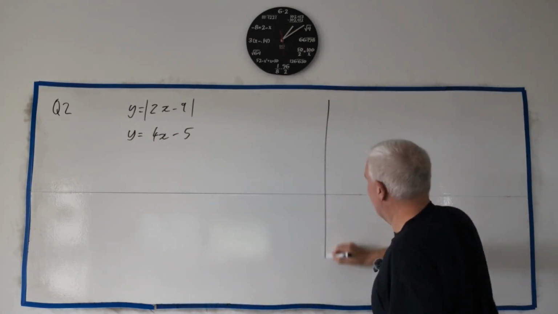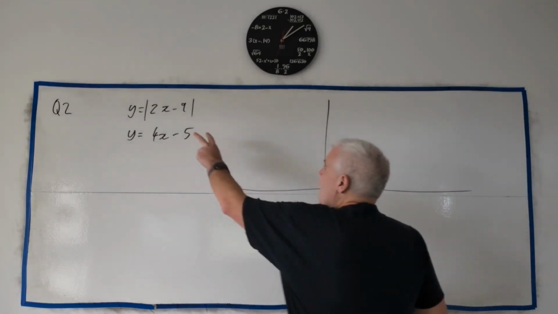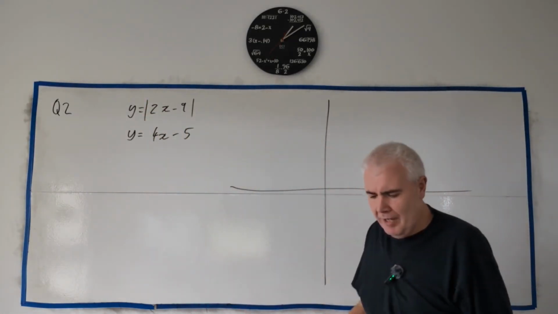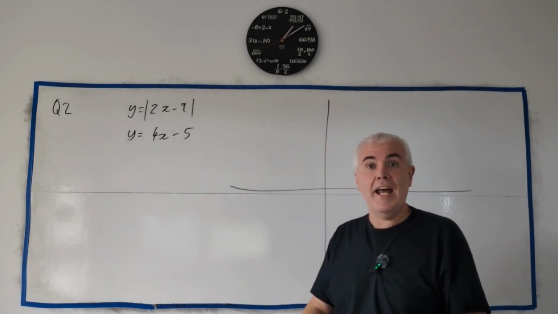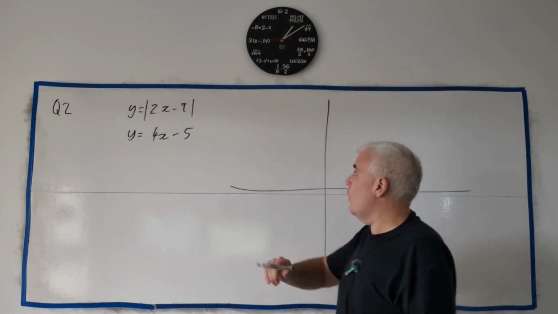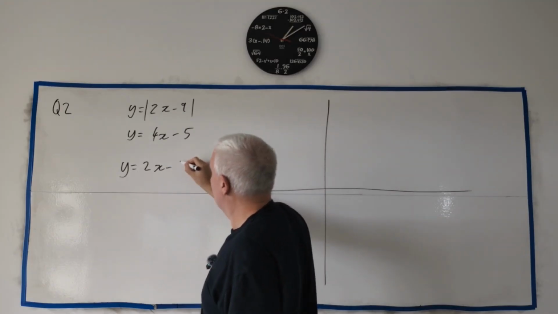Let's make a nice big graph here. To draw one of these, just ignore it for the moment. What the absolute value does is, if it's positive, it does nothing. And if it's negative, it changes the sign of everything. So let's just look at this when y is equal to 2x minus 9.